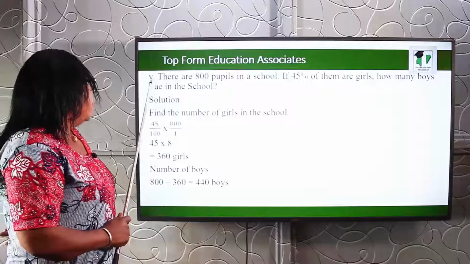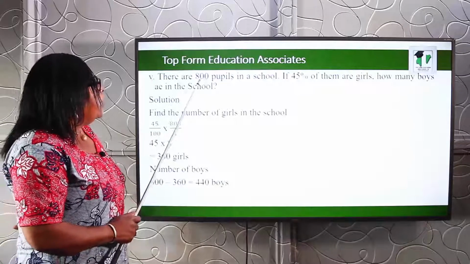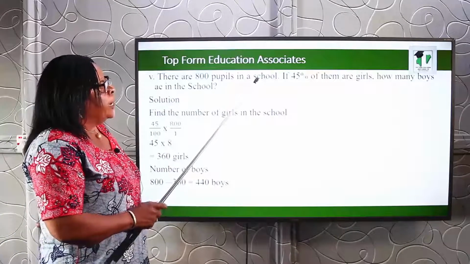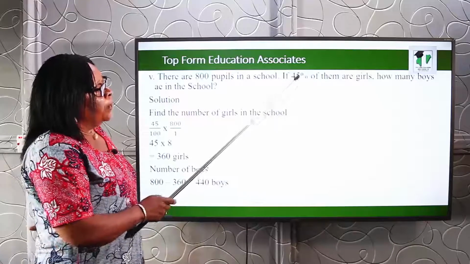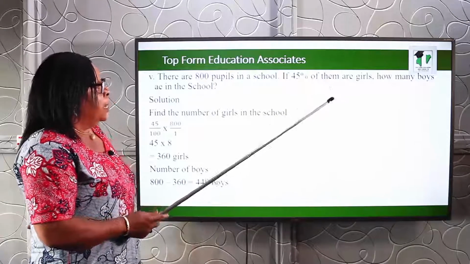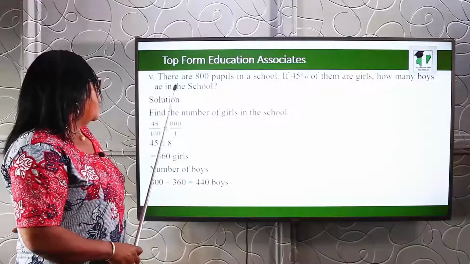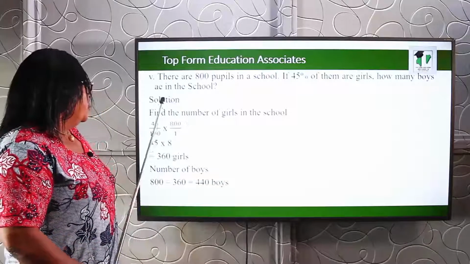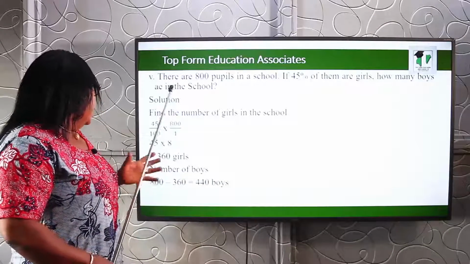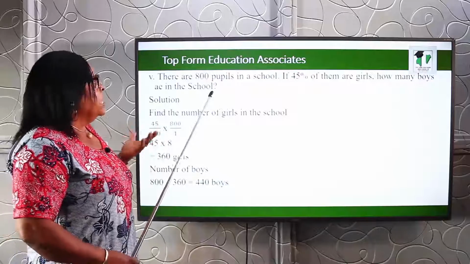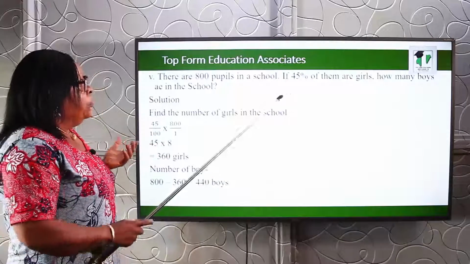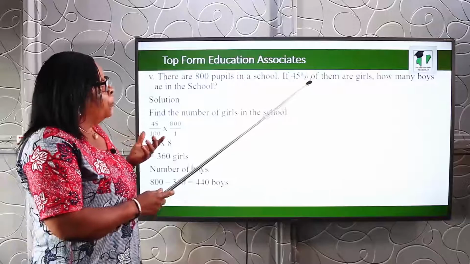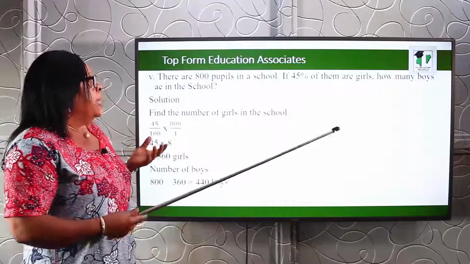Example 5. There are 800 pupils in a school. If 45% of them are girls, how many boys are in the school? Solution. In this type of question, you can start from anywhere. 45% of the students are girls. How many are boys?